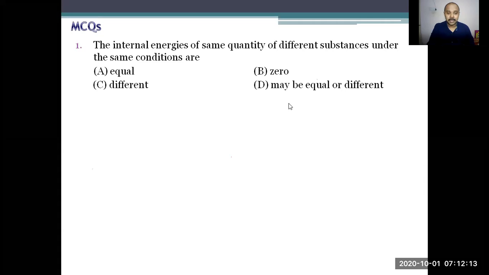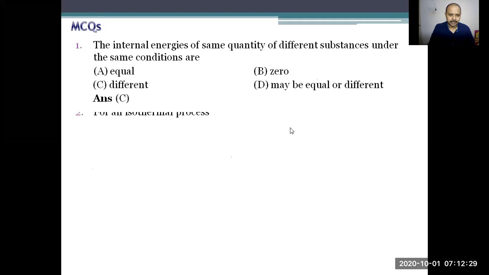So quantity may be the same, conditions may be the same, but the substance itself is different. When the substance is different, the bonding pattern and everything will be different. Obviously, internal energy also will be different.